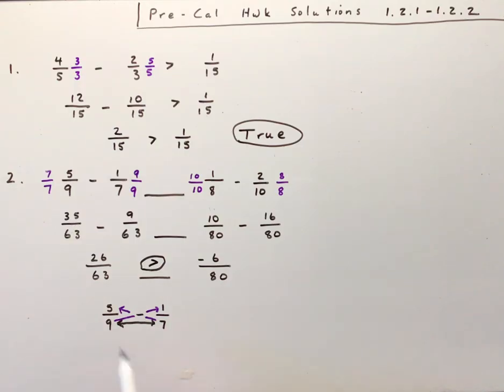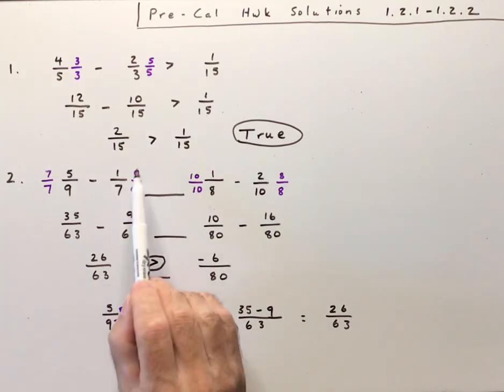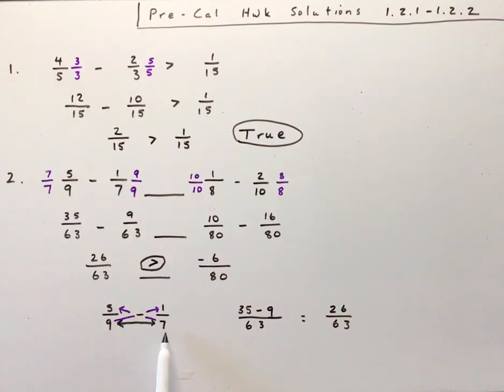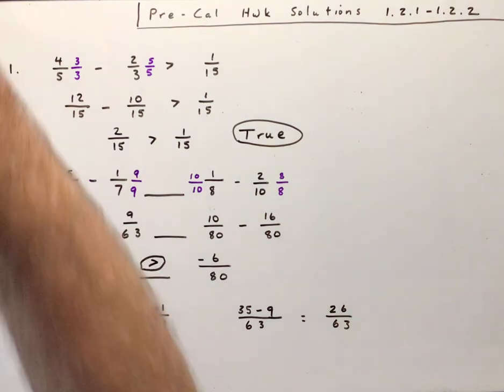So 9 times 7 is 63 on the bottom, so I multiplied the bottoms, and then I'm taking that 7 times 5, that'd be 35, and then 9 times 1, and the minus doesn't go away, 35 minus 9 over 63, that's 26/63. And then you could do the same thing on this side. So instead of multiplying by the clever version of 1, you can multiply the denominators together and then do the cross multiplication, switching sides like I just did. You might find that a faster way to do it.